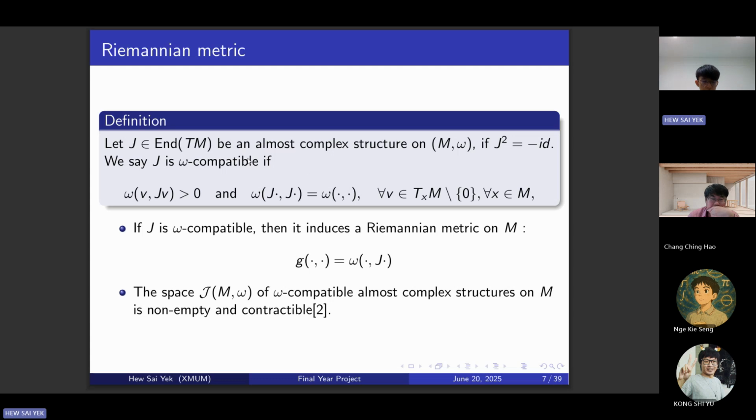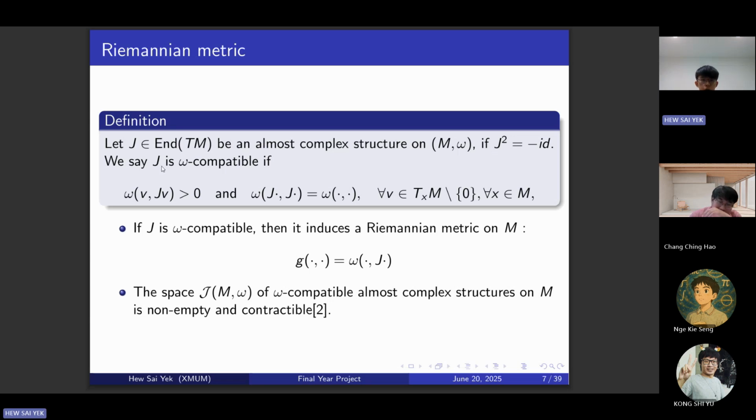Now we use an almost complex structure. An almost complex structure on a symplectic manifold is an endomorphism J of the tangent bundle such that its square is the negative identity.